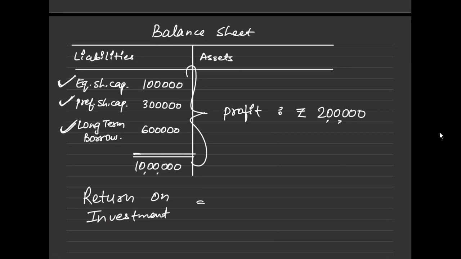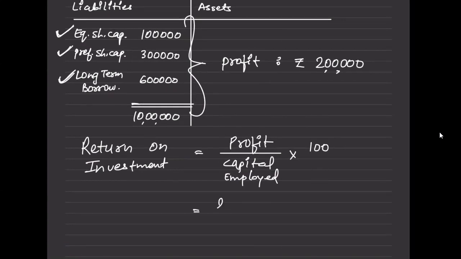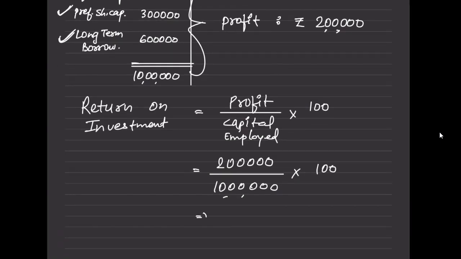For that, you will need your profit divided by your capital employed in the business multiplied by 100. So what is the profit I have received right now? It is 2 lakh. Capital employed is 10 lakhs multiplied by 100. So I have got a return on investment of 20%.